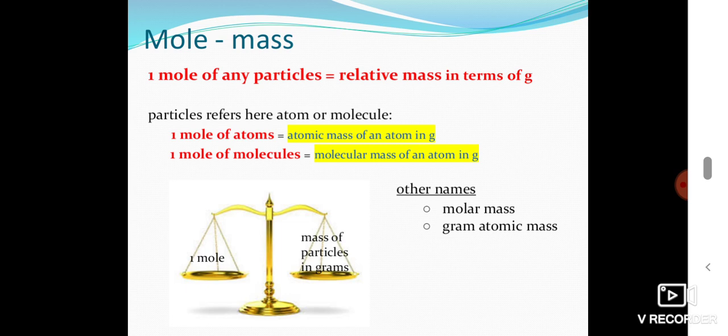See that picture: 1 mole is equal to the mass of the particles in grams. So we can use the words molar mass and gram atomic mass for this concept too. Molar mass and gram atomic mass are similar. Okay, so those are other names for this.